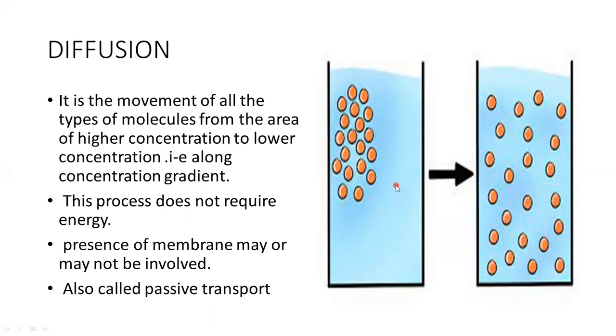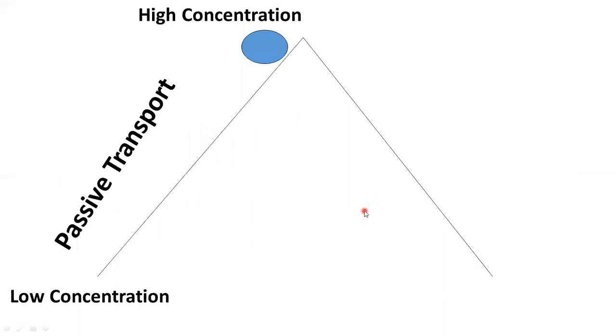In this apparatus you can see that here is a lesser solute concentration and more water concentration. That's why water may move from its higher concentration to lower concentration. This is called diffusion.